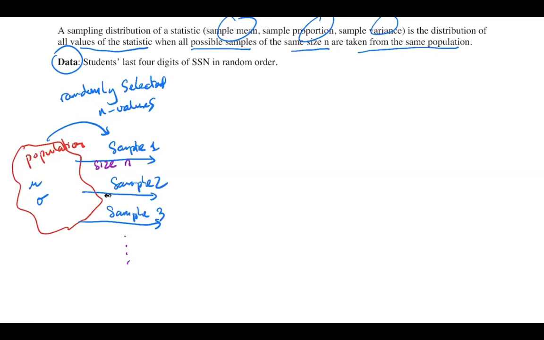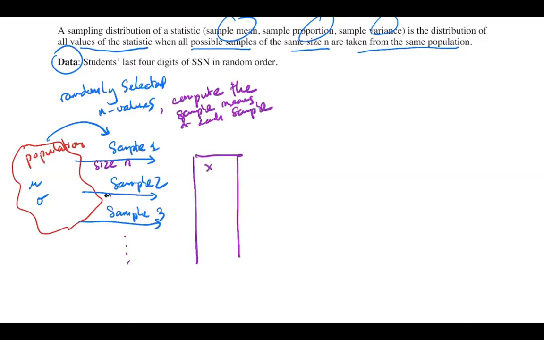But the next step is we're going to compute the sample means of each sample. In other words, we're looking at x bar 1, that is the sample mean for sample 1, x bar 2, x bar 3, etc. So this part is the sample means.